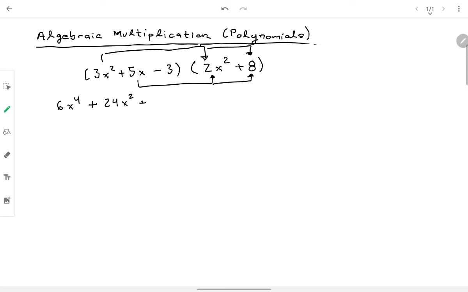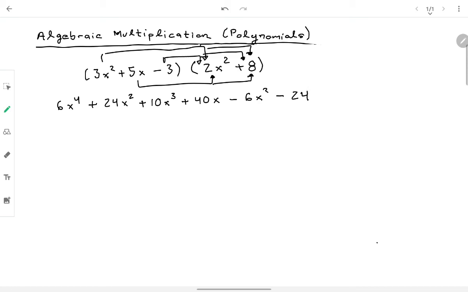So it will be plus 10x cubed, then plus 8 times 5, it's 40x. Then the last term multiplying all the terms in the second parenthesis will be minus 6x squared minus 24.